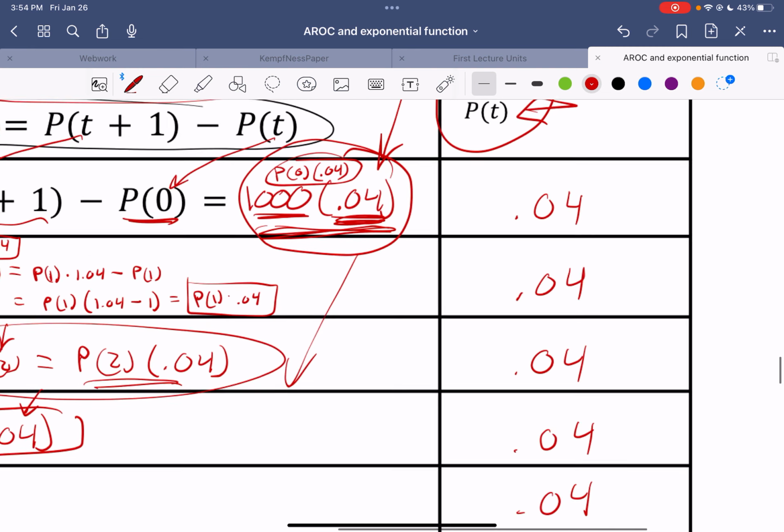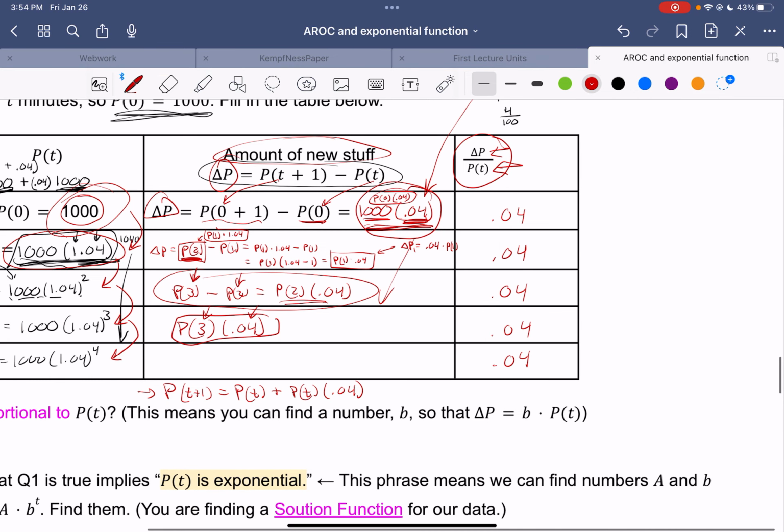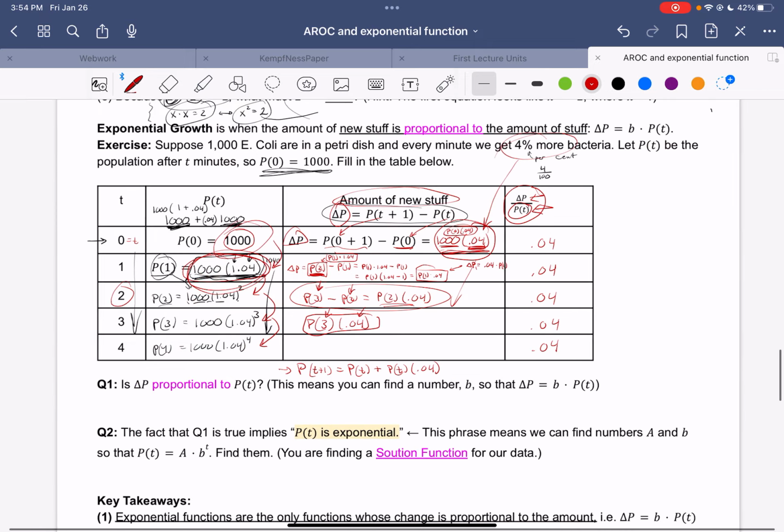For example, this says delta P is equal to 0.04 times P at 1. I really should call this delta P at 1 or something like that. So P at 1 is, where to go? This number here. Well, whatever.